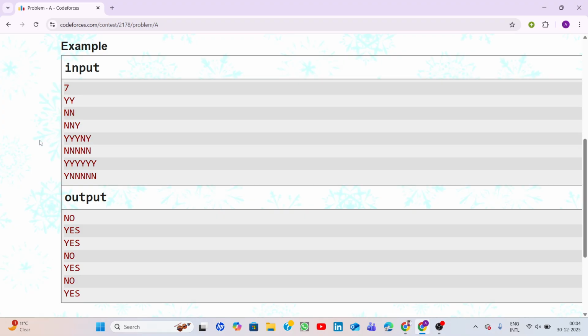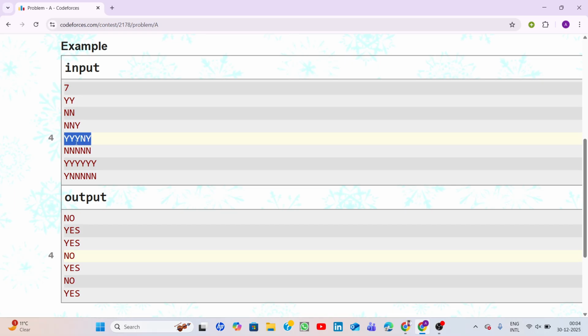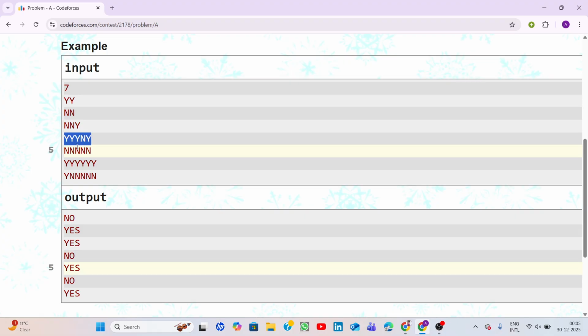Y and N result in Y, N and Y result in Y, and Y and Y result in Y. So Y can never vanish from the string. Y can only vanish if we are combining two Y's, and then it is obvious that the answer is no.